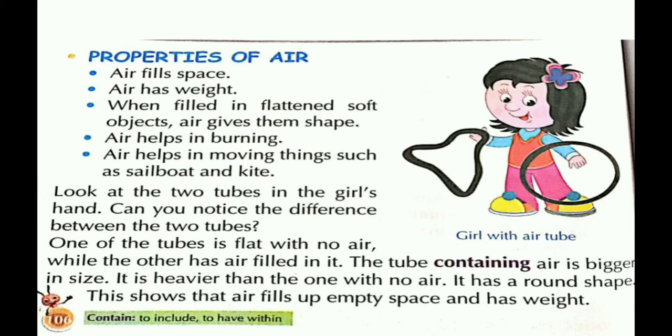Now look at the two tubes in the girl's hand. You will notice the difference between the two tubes. One of the tubes is flat with no air, while the other has air filled in it. The tube containing air is bigger in size. After the tube is filled with air, it becomes bigger and heavier than the one with no air.